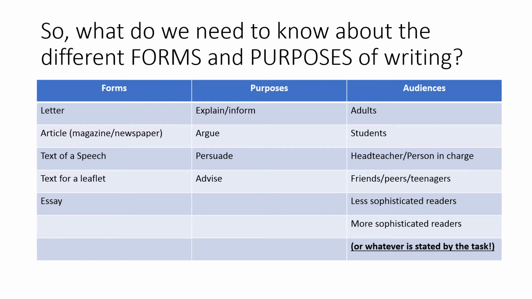Now a clue there would be with tabloid newspapers versus broadsheet newspapers. Tabloid newspapers tend to have less sophisticated readers, and broadsheet newspapers tend to have more sophisticated readers, where your vocabulary, your register would be more formal and more complex. But again, just think about the task you've been given and have a good think about who the audience is so that you can adapt your writing to suit them.